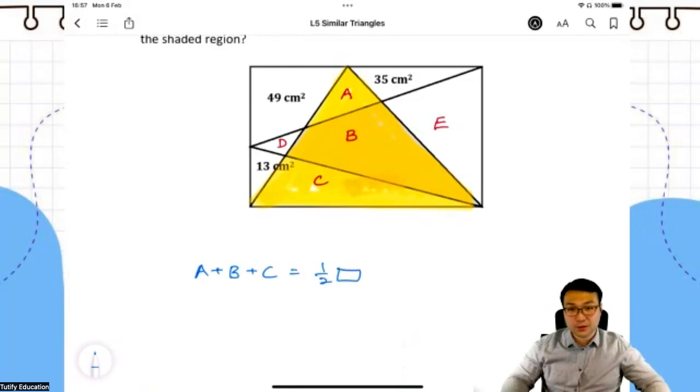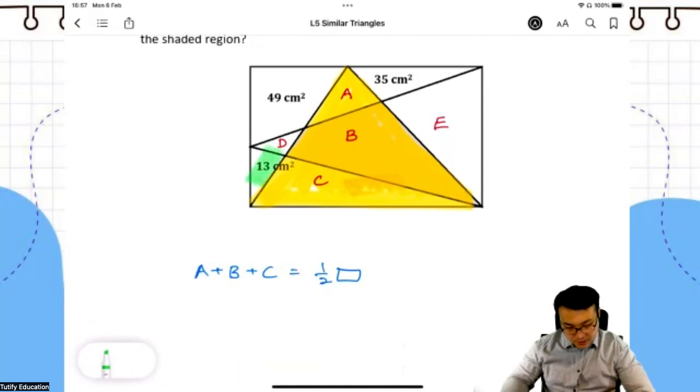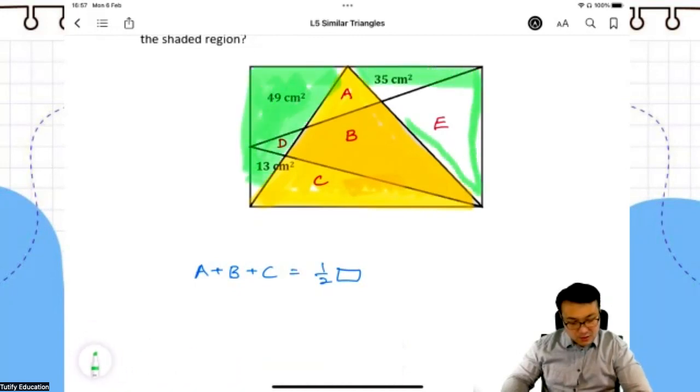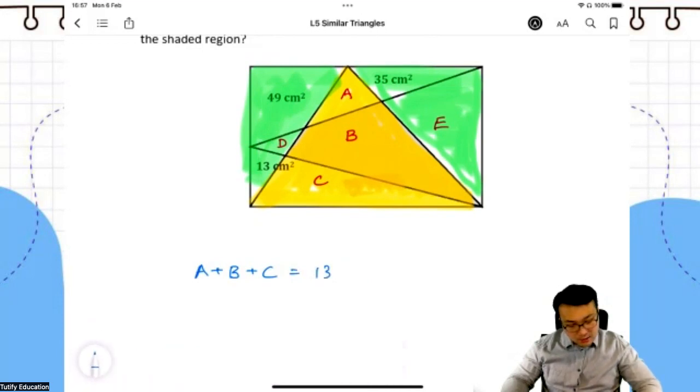Yes or no? Yeah. Okay, very good. Then if that is half, what about the green part? Is it also half? Yeah. Half, right? So can I say that A plus B plus C equal to 13 plus D plus 49 plus 35 plus E?